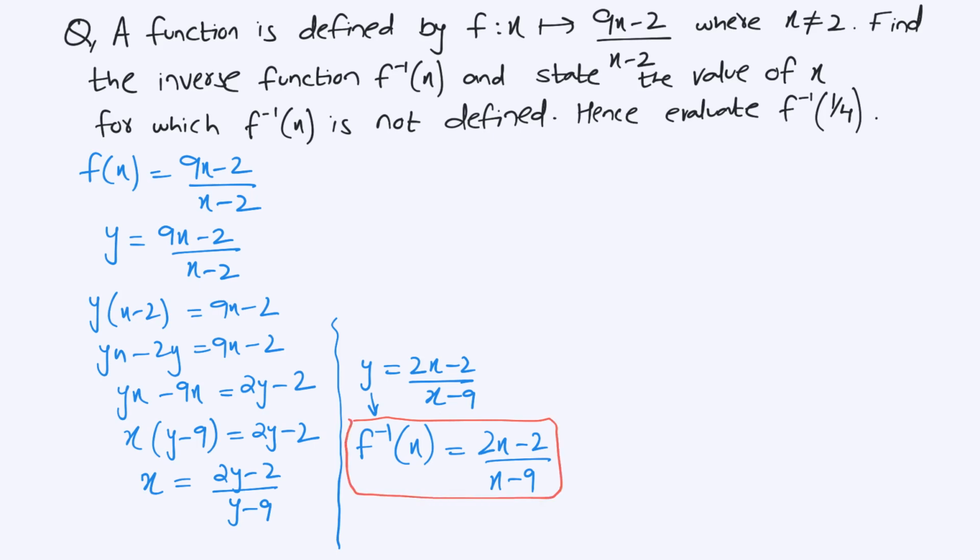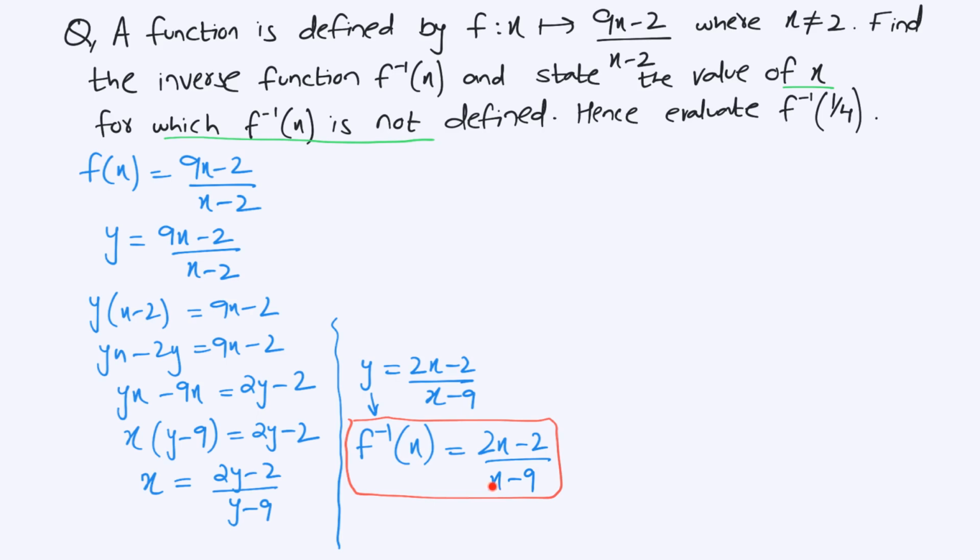The next thing that you are being asked is to state the value of x for which f inverse of x is not defined. So likewise, in the function itself, you can't have 2 in the denominator, because when you insert 2 in the denominator, the function would be undefined because you will have the denominator as 0. So by looking at the inverse function, look at the denominator.